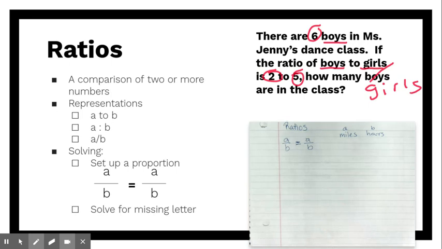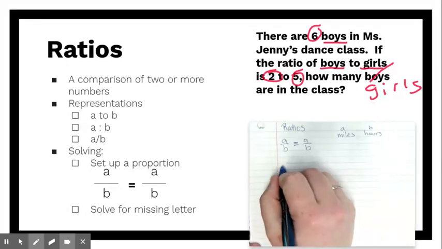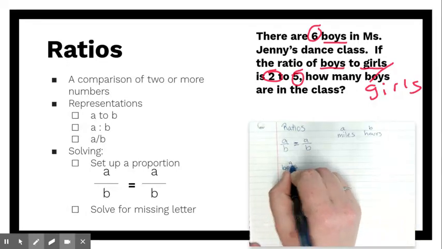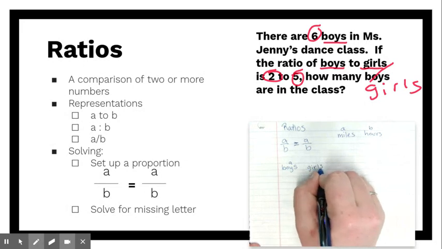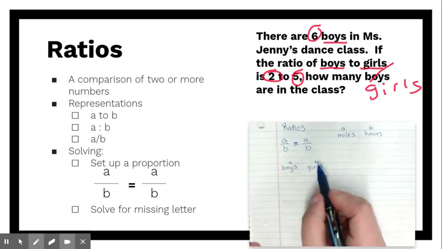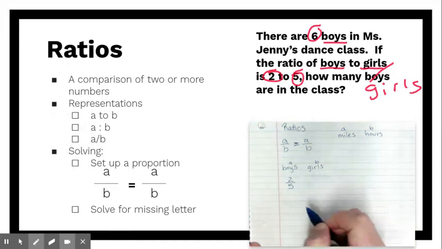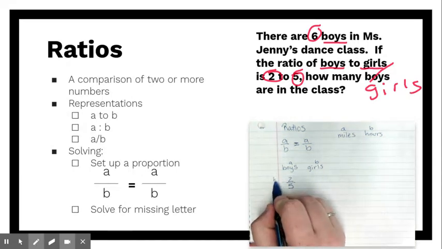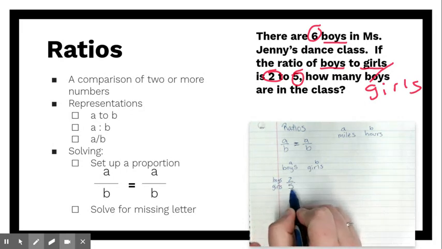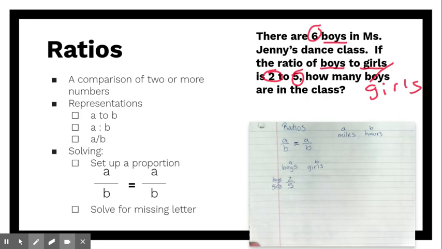I'm going to label boys as A and girls as B. I know there are 2 boys for every 5 girls. It says boys to girls, so boys is 2 and girls is 5. I'm going to set that equal.